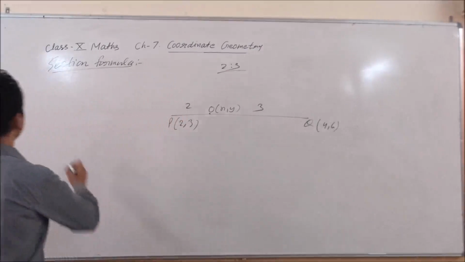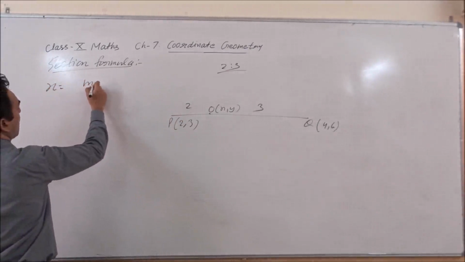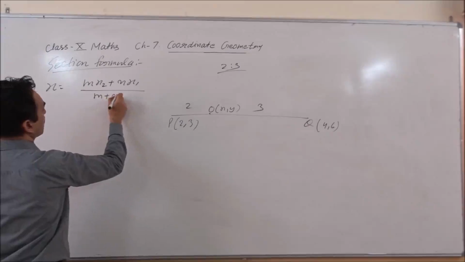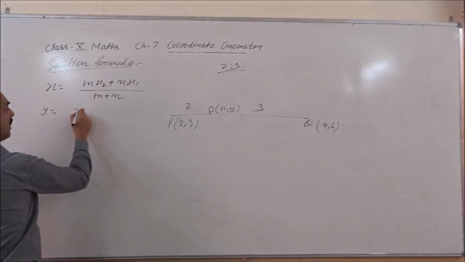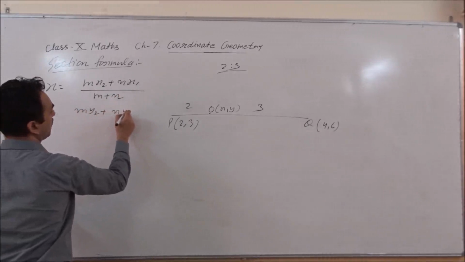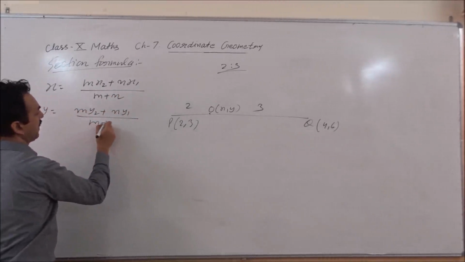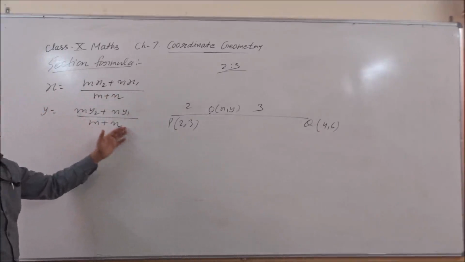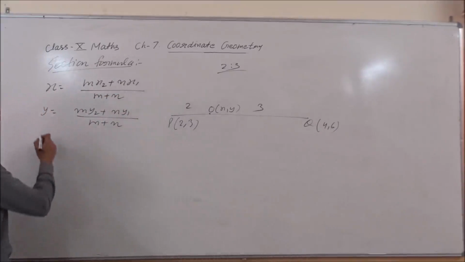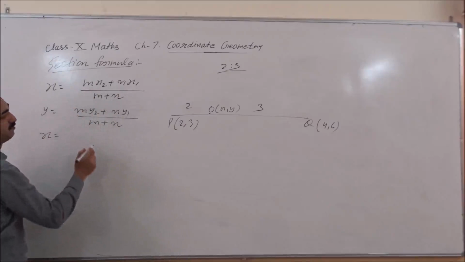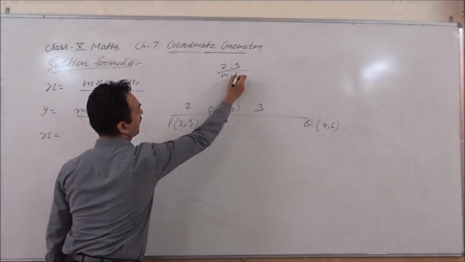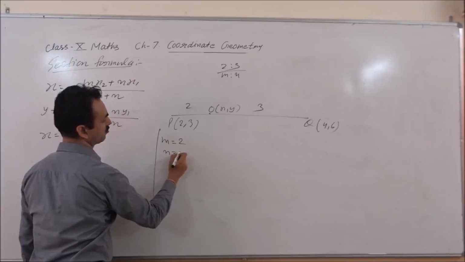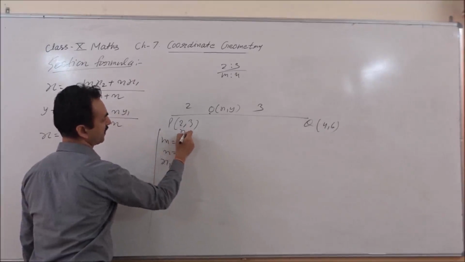We have a formula: x equals to (mx2 plus nx1) upon (m plus n), and y equals to (my2 plus ny1) upon (m plus n). This is for x coordinate and this is for y coordinate. So let's define here m and n. M equals to 2, n equals to 3, x1, y1.